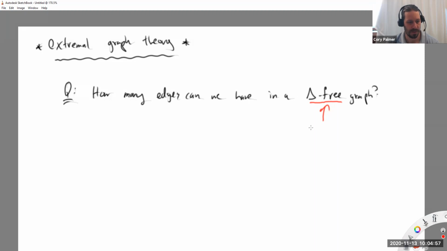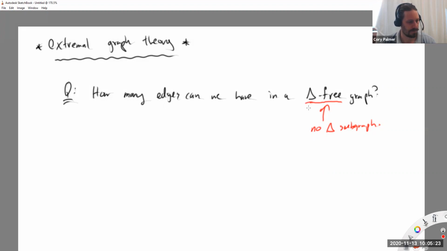Okay, no triangle subgraph. A triangle is a complete graph. It's basically the smallest interesting complete graph. Yes, a single edge is a complete graph, but the number of edges in a graph with no edge is pretty uninteresting as a question. So we want to avoid triangles and figure out how many edges you can have here.